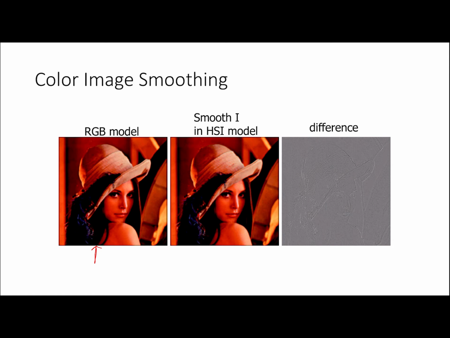So this is the result of image smoothing on the RGB image. Note that this image appears as we would expect from performing spatial smoothing. Some edges have become blurred.